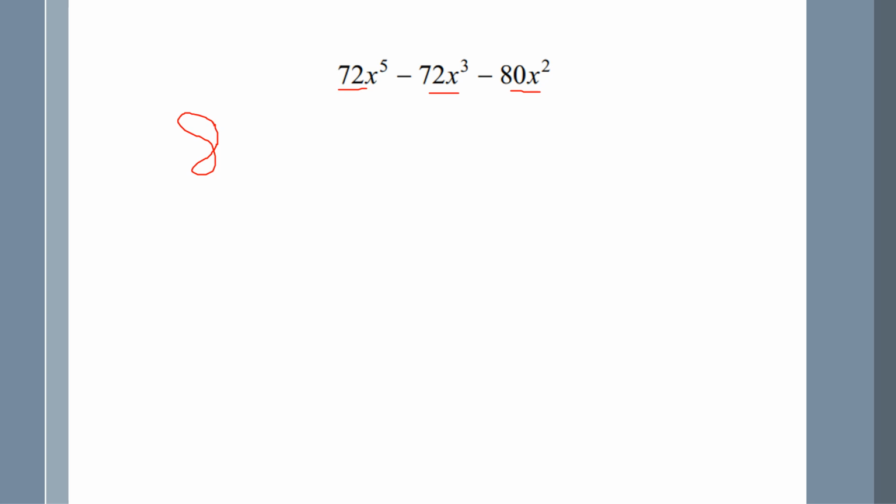Also, did you realize that all these variables had at least x squared in common? You have 2 x's here, 3 x's right here, and then you have 5.